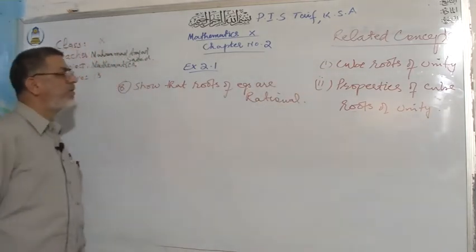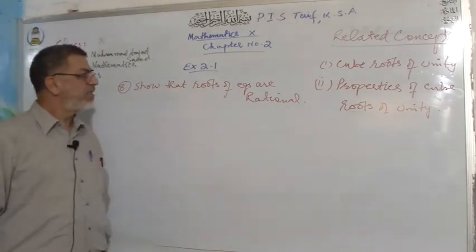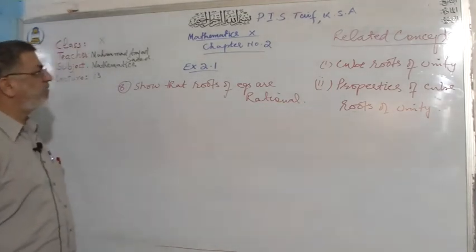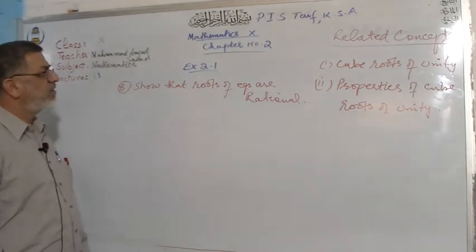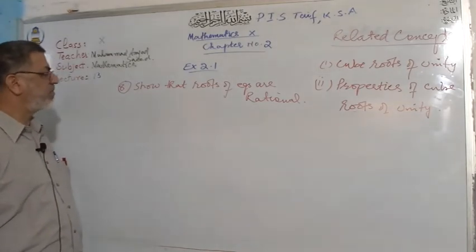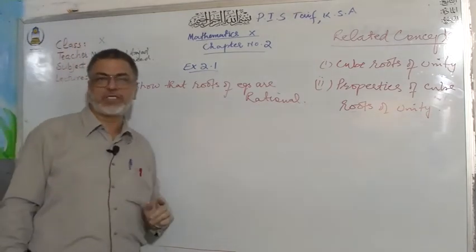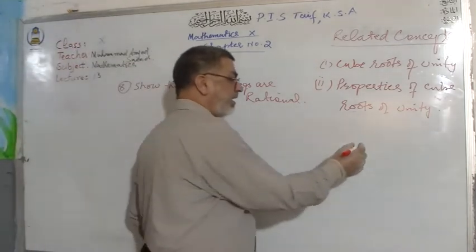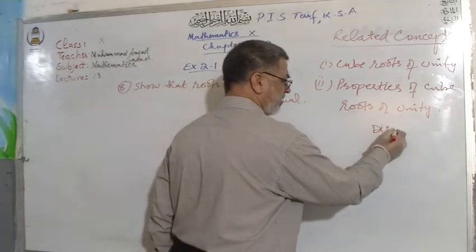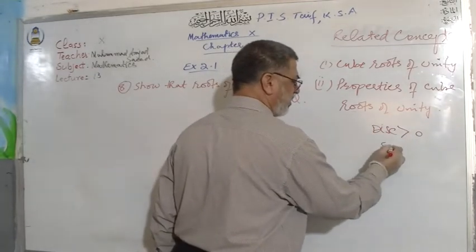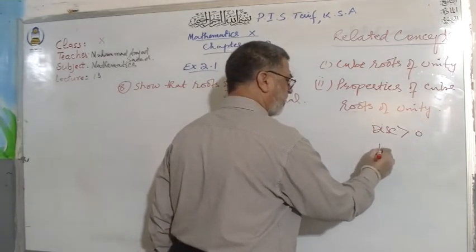Dear students, you know that I have written the properties of roots of the equation, that whenever there are rational roots, the disc must be greater than 0 and a perfect square.